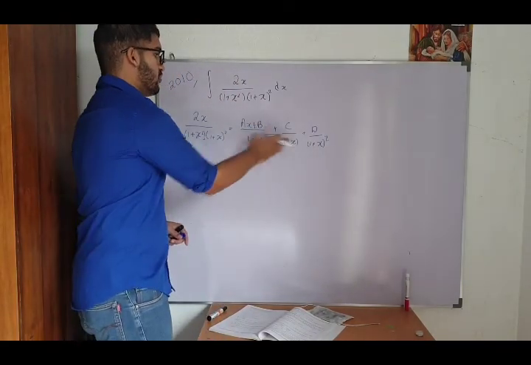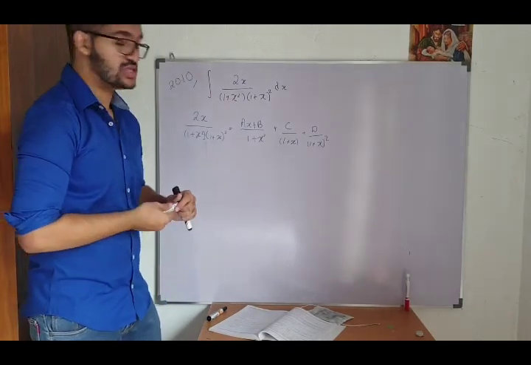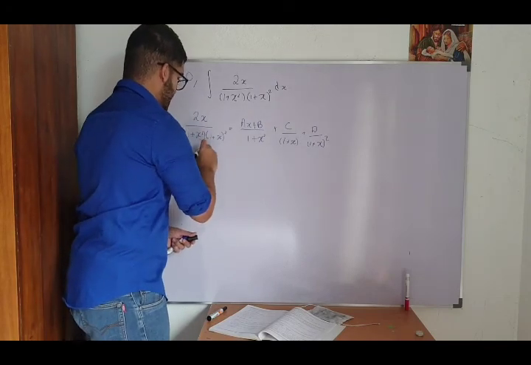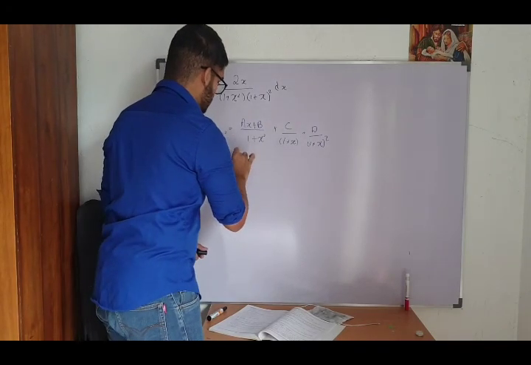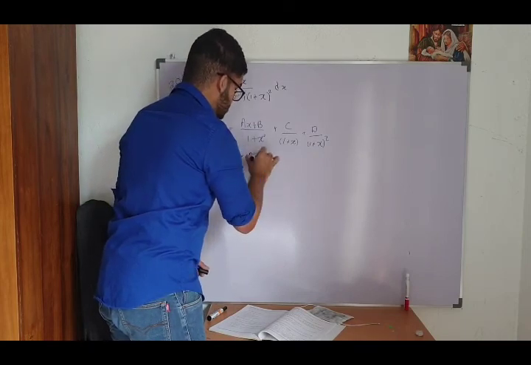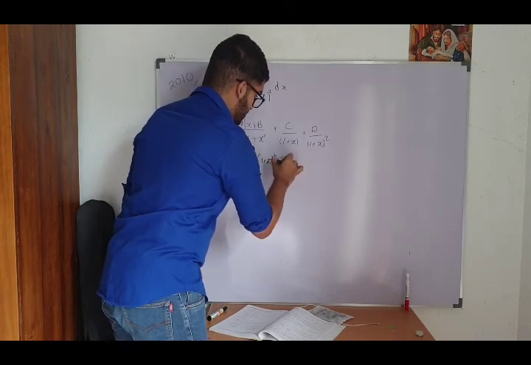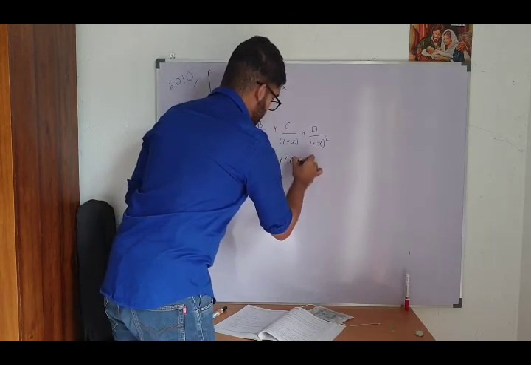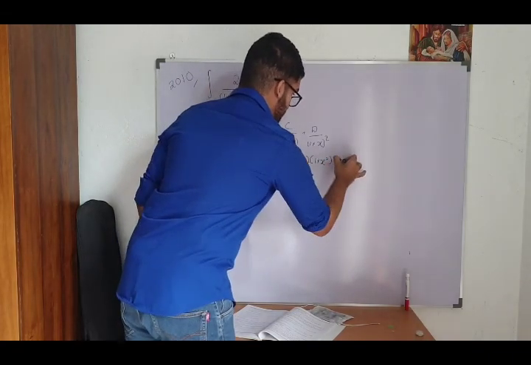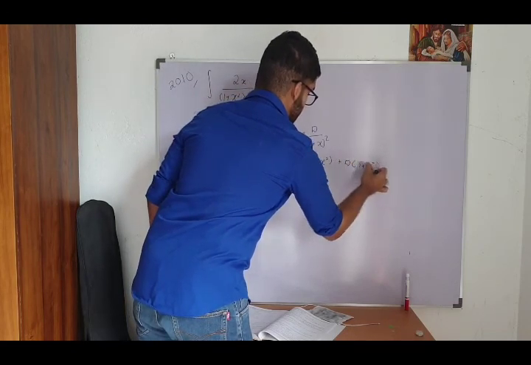So now, since you have all written this down, the next thing to consider is that we should solve this now. See, we have 2x here and we have 2x here. It's going to be ax plus b times (1 plus x) squared, plus c times (1 plus x) times (1 plus x squared), plus d times (1 plus x squared).